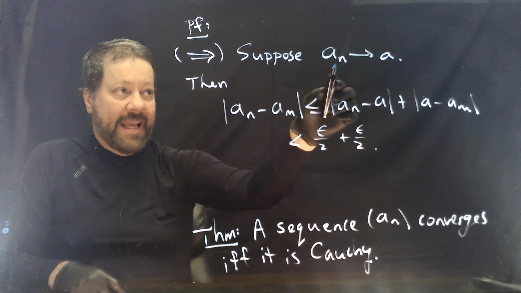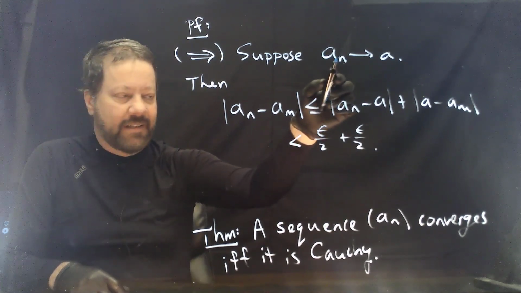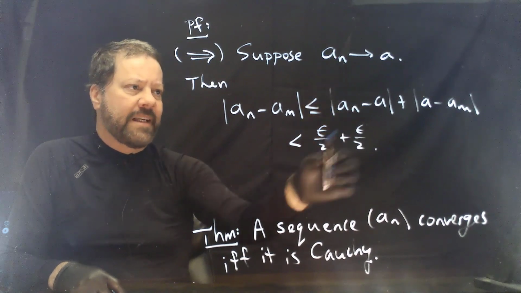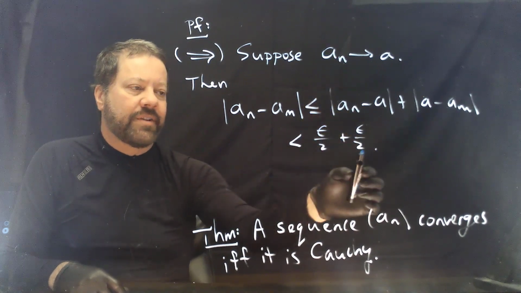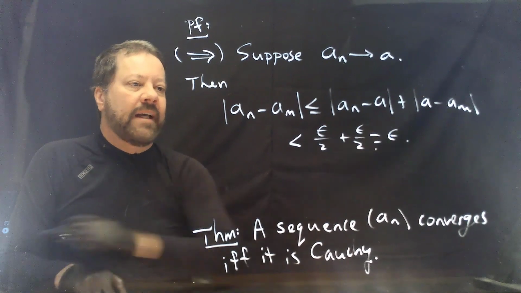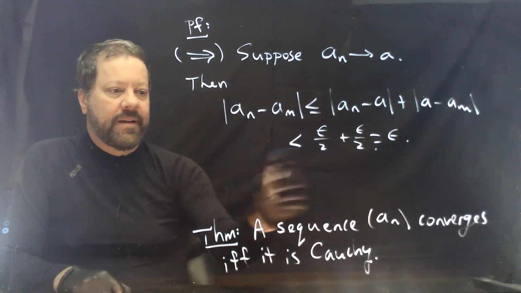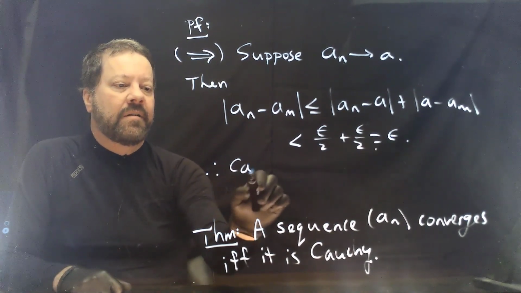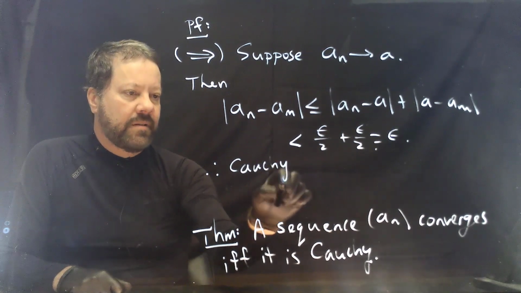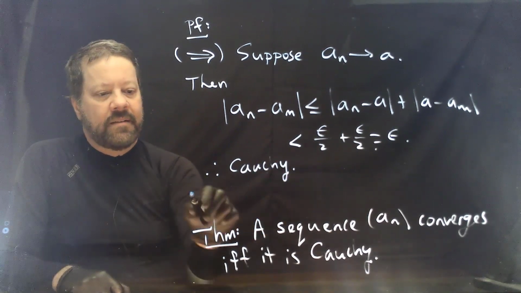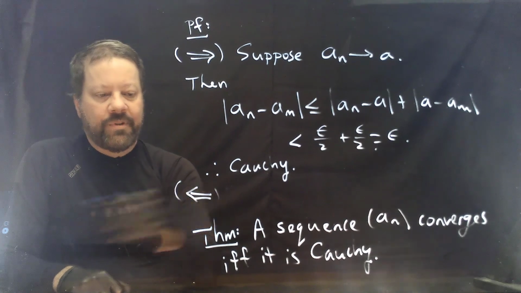Eventually, both n and m, bigger than some big N, we'll have to trap these less than epsilon over 2, and hence it is Cauchy. We have only to prove the other direction.